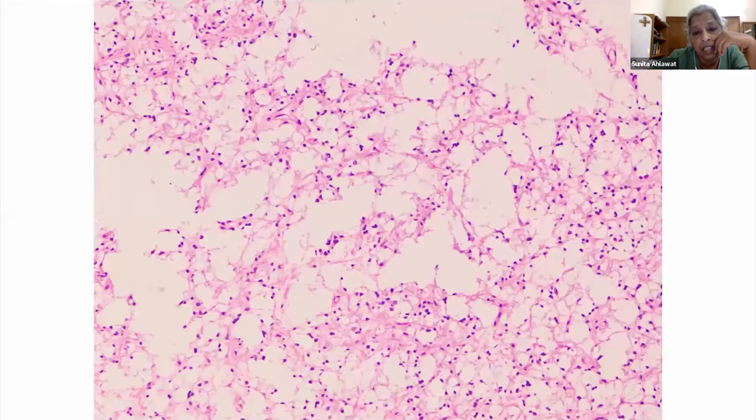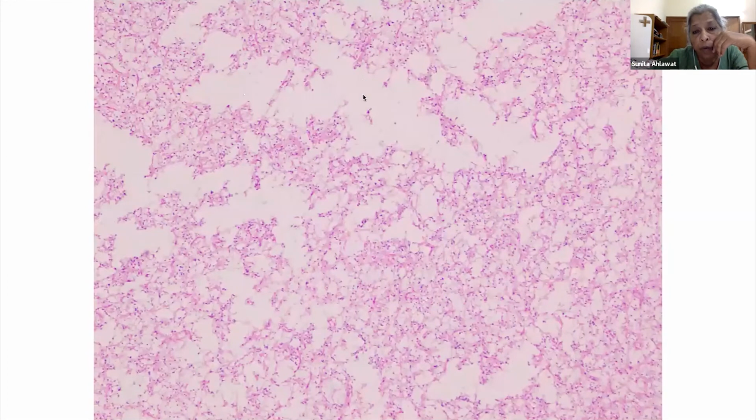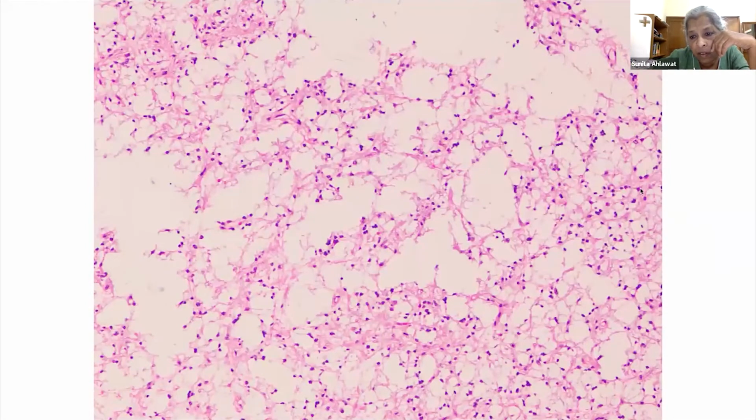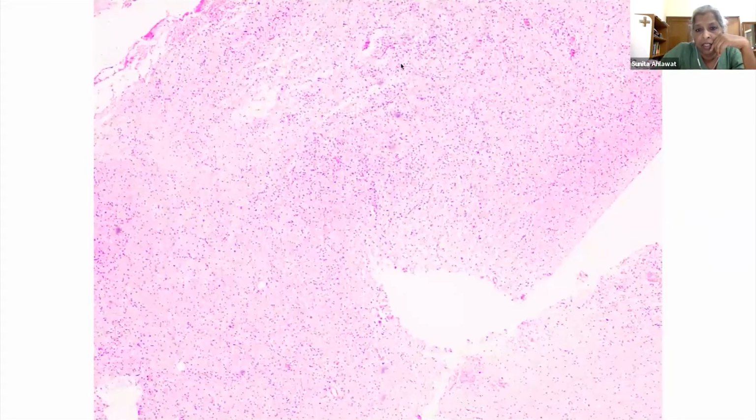This is DNET. You have this mucoid background, small cells, in many places in cords, and in between are these bigger cells floating.